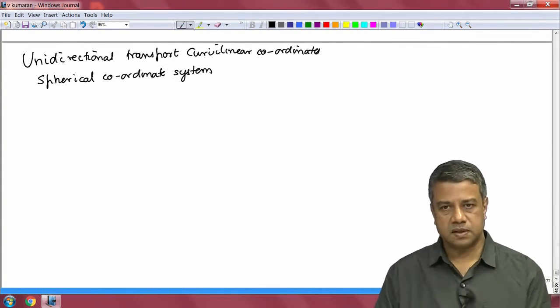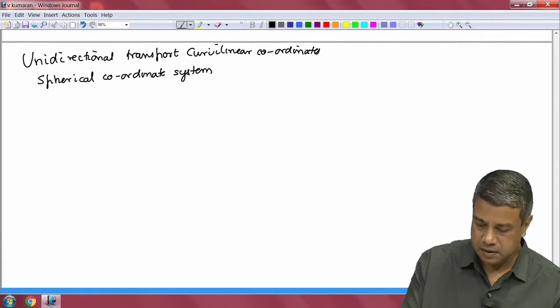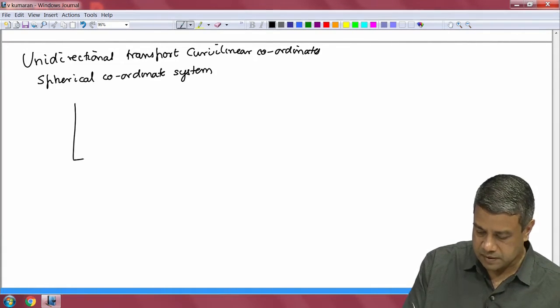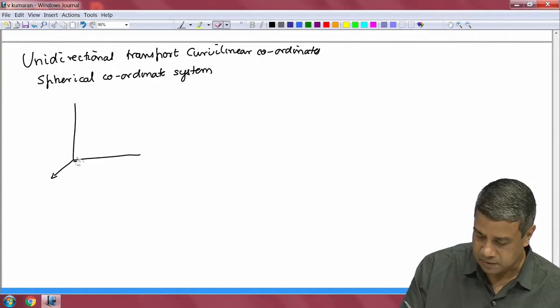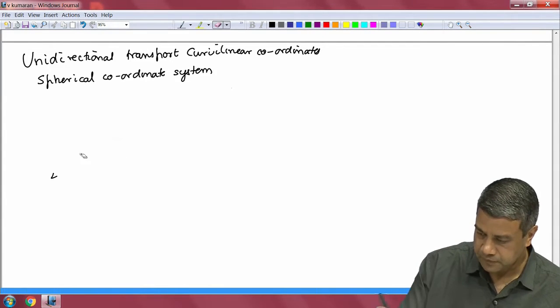In this case, we will consider a spherical coordinate system in which the surfaces are surfaces of constant distance from a point.